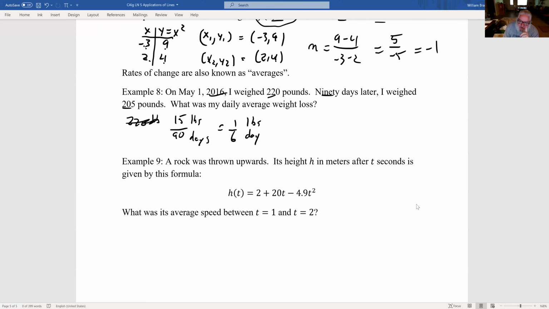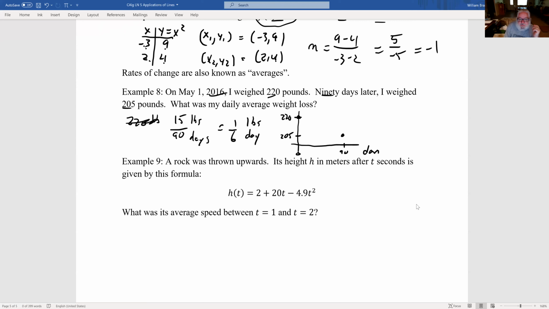Does that mean that I lost that much weight every single day? Well, no. My weight loss, day 0, day 90, over the pandemic, of course, I gained most of that back. It meant that I started at 220, and 90 days later, I was at 205.